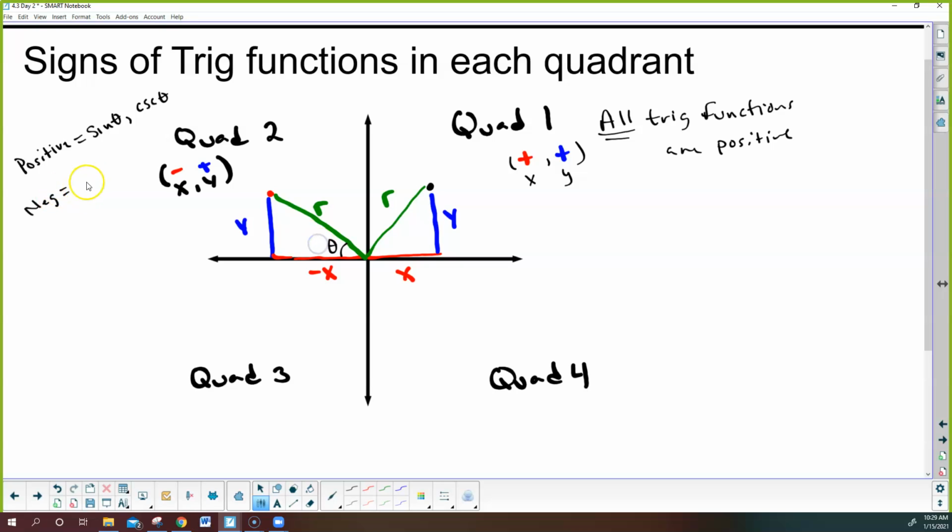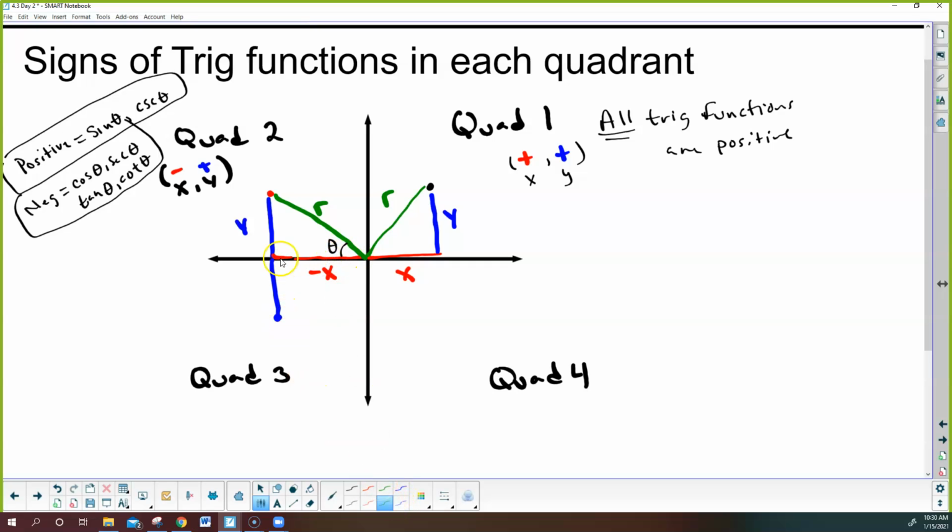The negative values, the ones that have negative answers, are cosine, its reciprocal, tangent, and its reciprocal. Okay? And it's really all based off of your x and y values. That tells you what you know about which ones are positive and which ones are negative. Okay? Well, look down here. What if the y value goes down here?